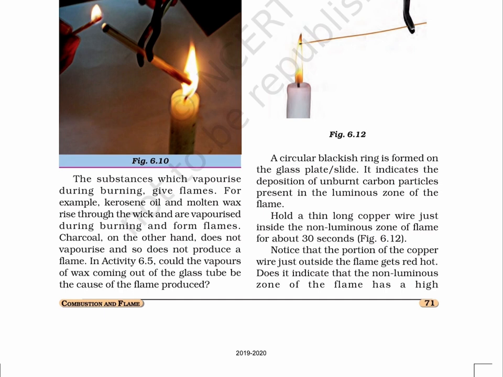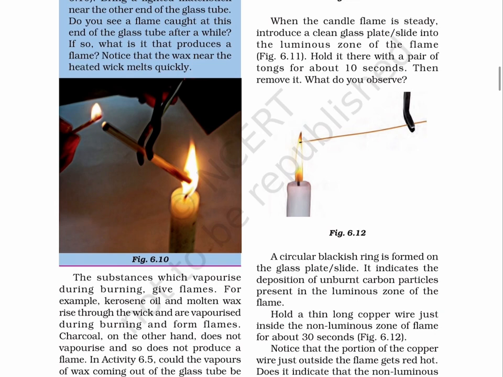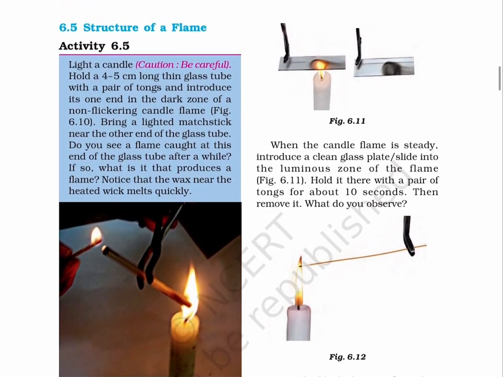In activity 6.5, could the vapors of wax coming out of the glass tube be the cause of the flame produced? Figure 6.11. When the candle flame is steady, introduce a clean glass plate or slide into the luminous zone of the flame, as shown in figure 6.11.